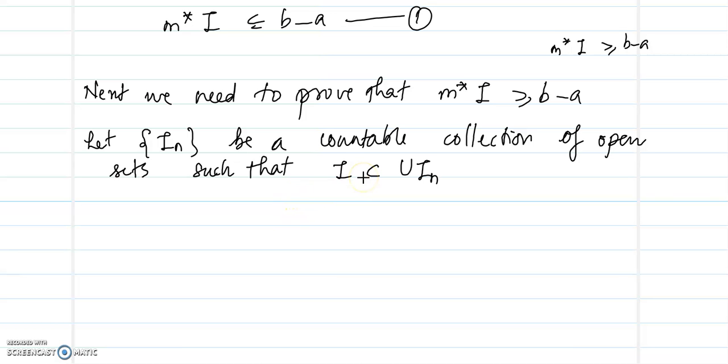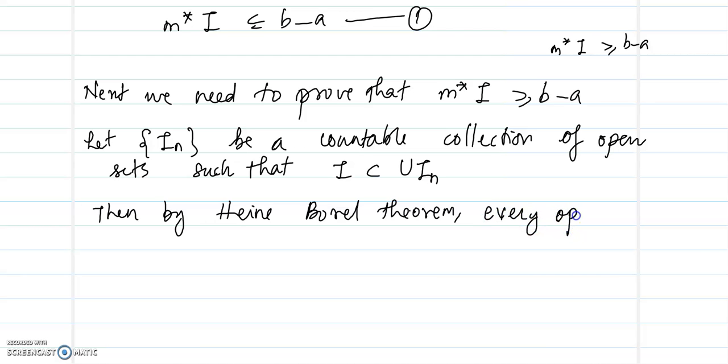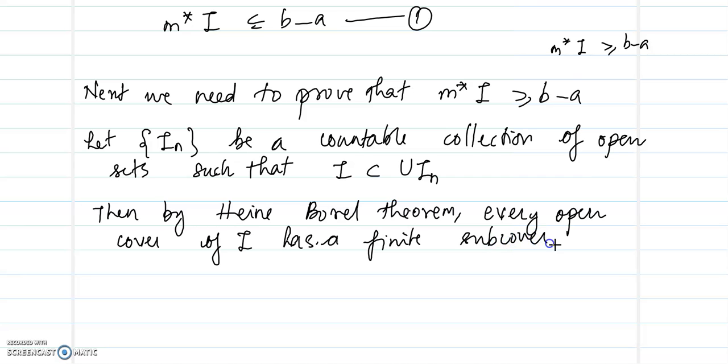When you take any open covering of a closed and bounded subset of R, it will have a finite subcover. So every open cover of I has a finite subcover, because I is closed and bounded.